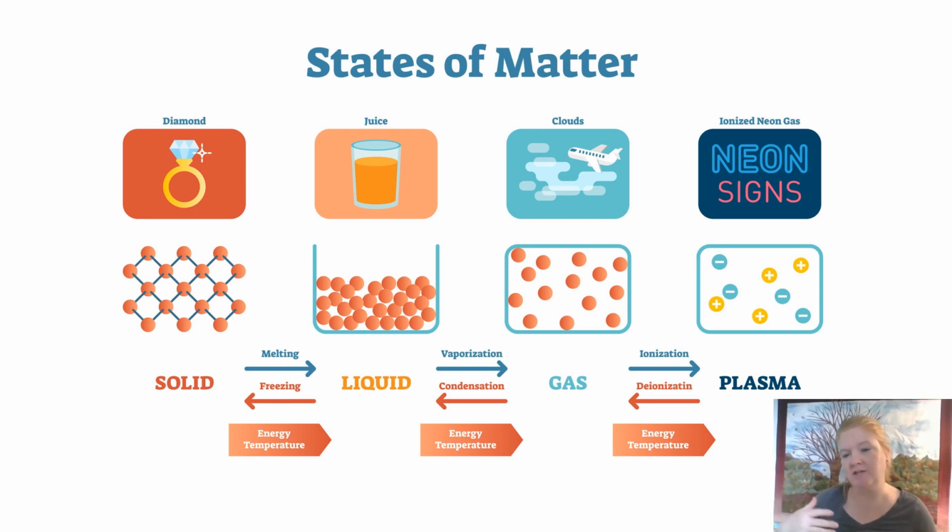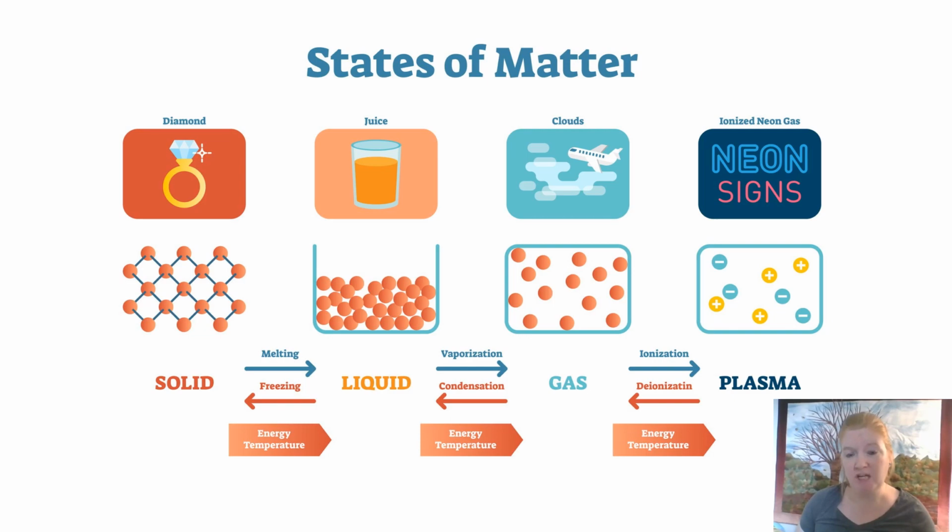So that process in changing from a gas to a plasma is called ionization. But we are going to focus only on the transition between solids, liquids, and gases. So as you move from solid to liquid to gas, you're going to need to add energy, add heat, increase the temperature. Okay, and then to move from gas to liquid to solid, energy or heat is released and the temperature will go down.